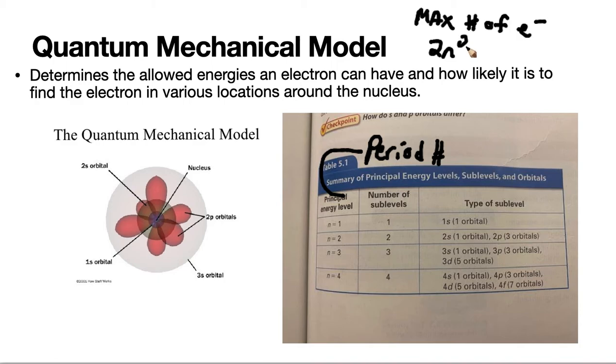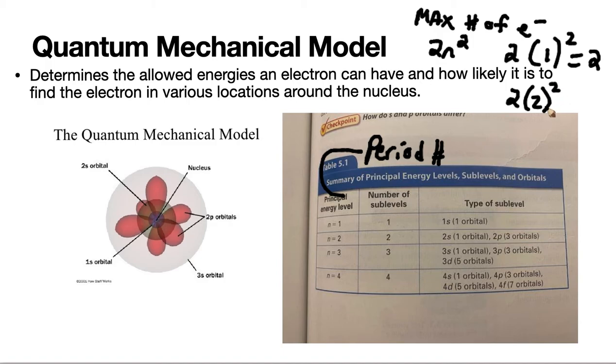2n squared. So if I wanted to calculate the maximum number of electrons in the first principal energy level, I'd have 2 times 1 squared. So 1 squared is 1, 2 times 1 is 2. If n equals 2, I'd have 2 in here.